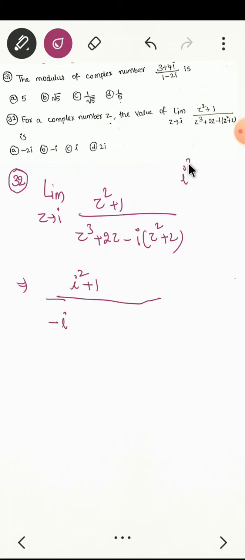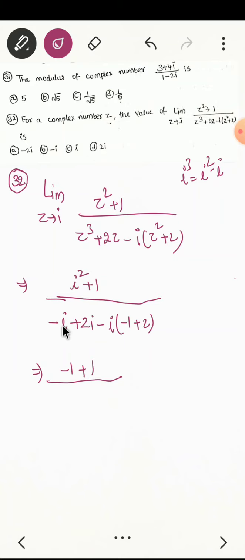How? i cube can be written as i square into i, and i square is minus 1, so minus i, plus 2i, minus i into (i square, that is minus 1, plus 2). i square plus 1 is minus 1 plus 1, by minus i plus 2i minus i, which is 0.